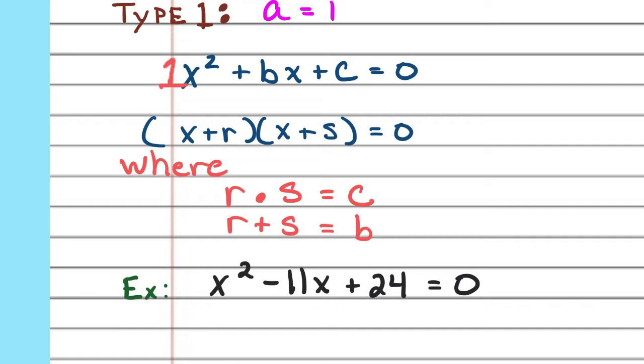It's always going to be x and x, or whatever this variable is right here. And then you have to figure out what r and s are, such that r times s equals your c term. That's the constant of the trinomial. And r plus s, let's go ahead and color code these things a little bit. So we'll do this in blue, c. They've got to equal this when you multiply them. But they've got to add up to b. That's the term right there.